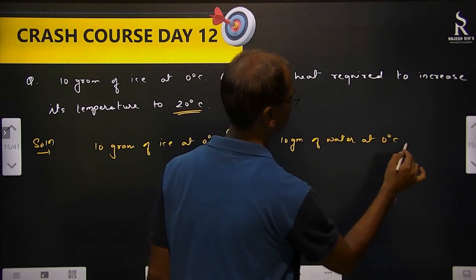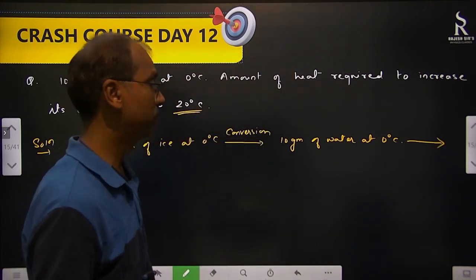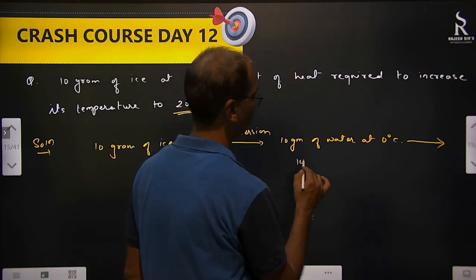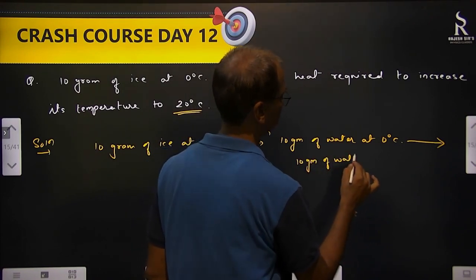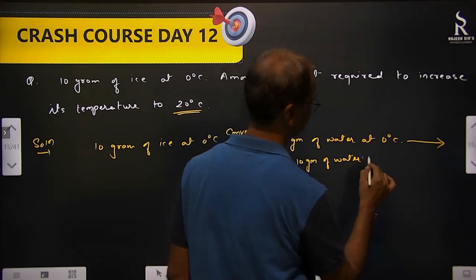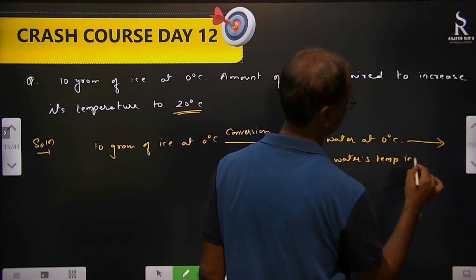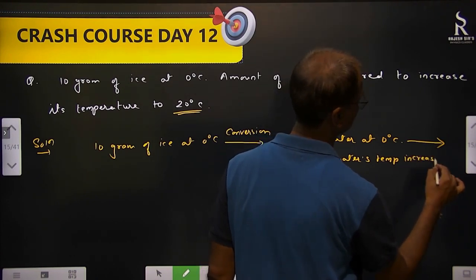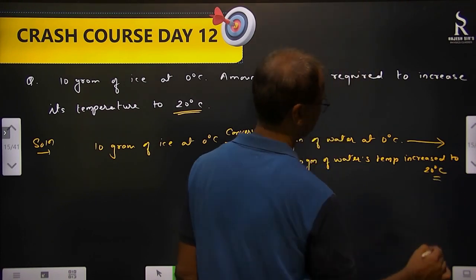Conversion over, then you are increasing its temperature. 10 gram of water's temperature increased to 20 degrees centigrade. Okay, so two things are happening.